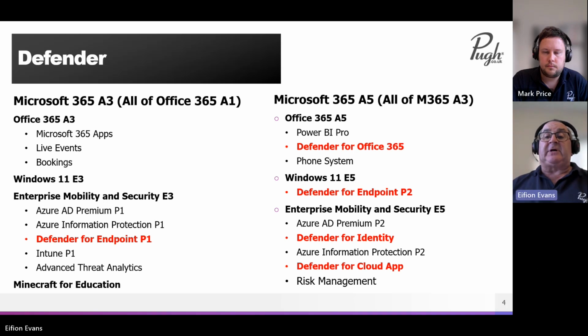Then Defender for Cloud Security Posture Management now is in general availability. So again, it's available in Azure. And what this gives you is multi-cloud visibility of vulnerabilities across your estate. So it will show you vulnerabilities in AWS as well as in Azure and on-premise.